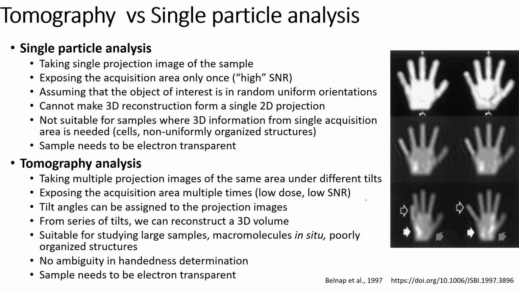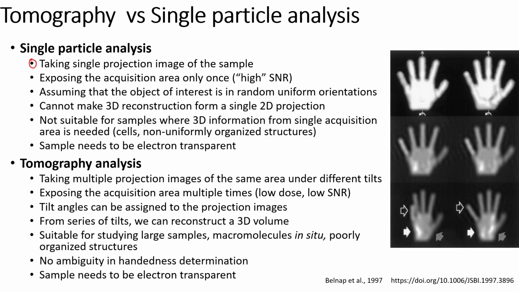Now, if we compare tomography with single particle analysis, we can find a few advantages of single particle analysis as well as a few advantages of tomographic analysis. For single particle, as we discussed in the previous lecture, we are taking only a single projection image of the sample. That's only one 2D projection, and so that image only contains information about one orientation of our sample.